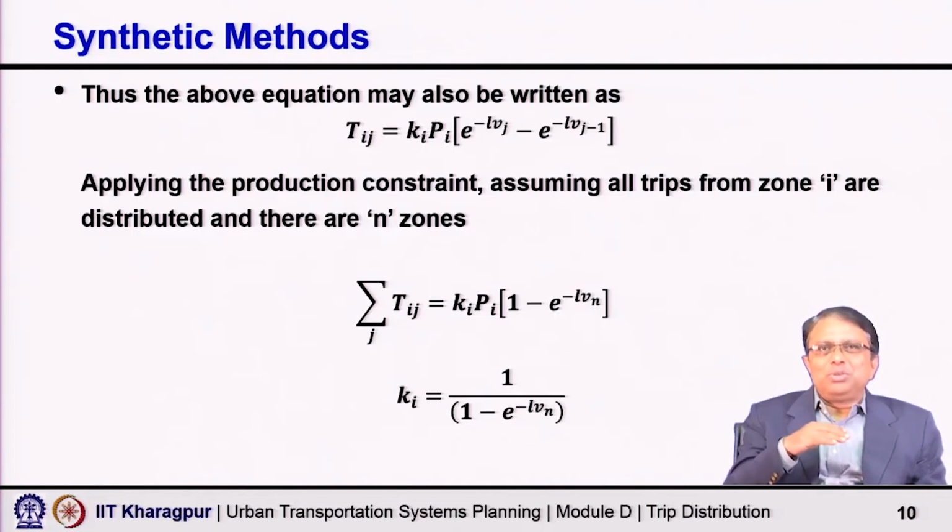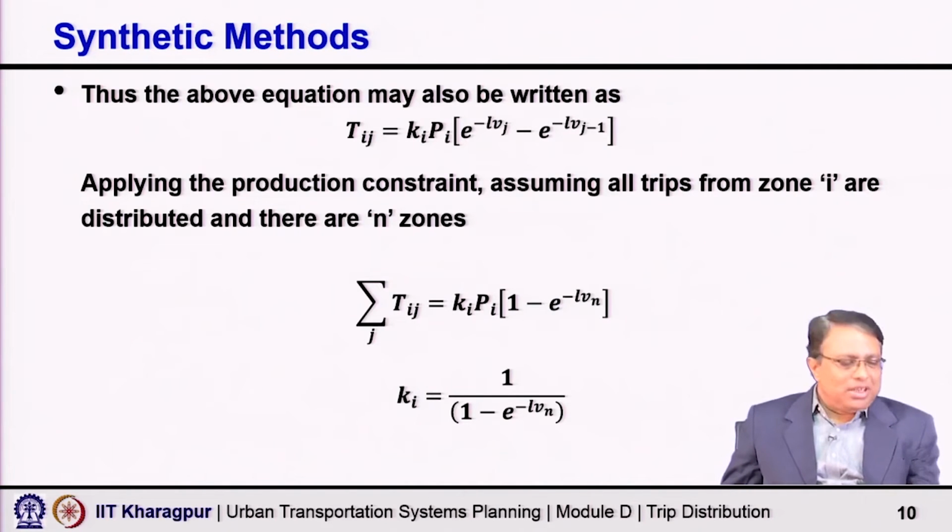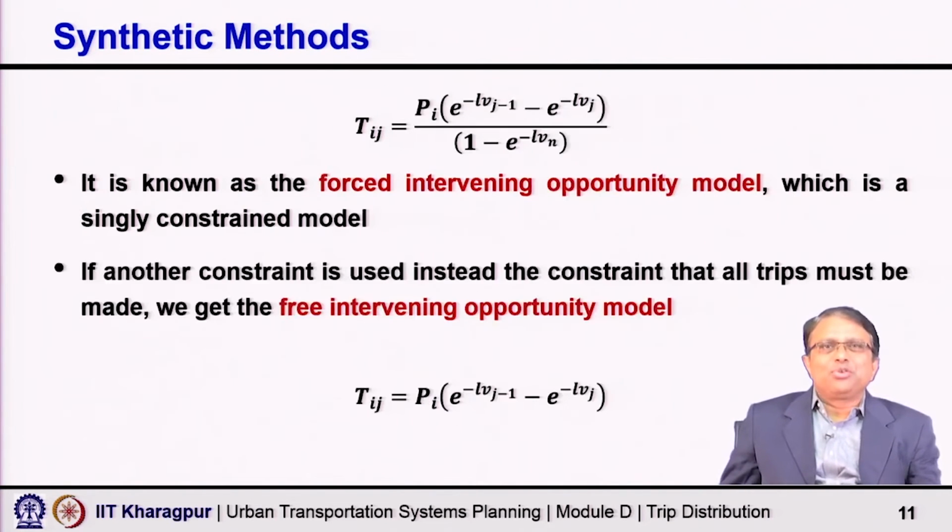So, what will be the earlier one? e to the power minus L V j minus 1 minus e to the power minus L V j minus 2. So, plus minus will cancel out for all zones, and what will remain is only 1 minus e to the power minus L V n. So, here you can find out the value of k I. Once you have got this, that is the equation you get as it is shown here.